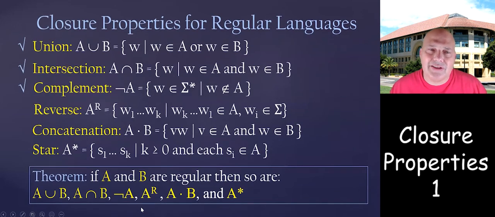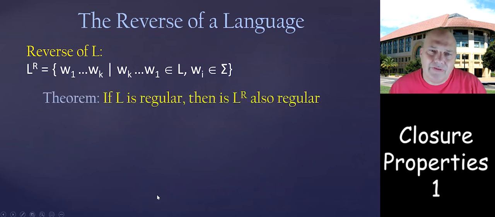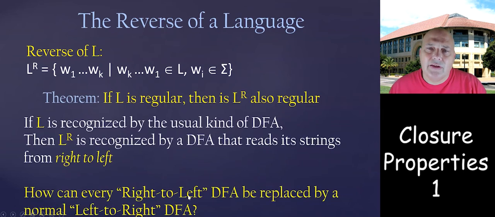So the 4th one is the reverse theorem. The reverse of the language L is all the words such that when you reverse the word, you get a word that is accepted in L. And the theorem is that if L is regular, then L reverse is also regular. Meaning that if L is recognized by the usual kind of DFA, then L reverse is recognized by a DFA.